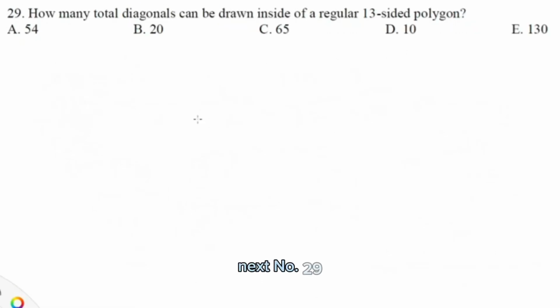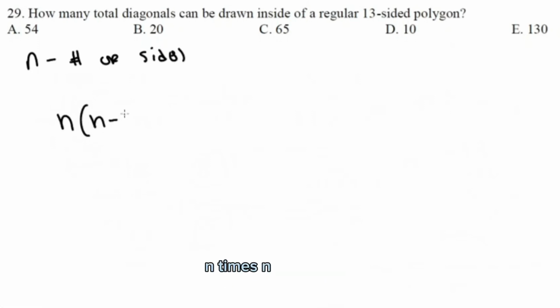Next, number 29. How many total diagonals can be drawn inside of a regular 13-sided polygon? Alright, the formula for finding the total amount of diagonals that can be drawn inside of a regular 13-sided polygon involves n, which is the number of sides. So the formula is n times n minus 3 divided by 2.